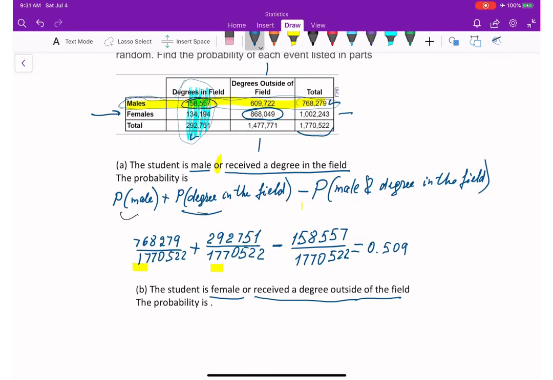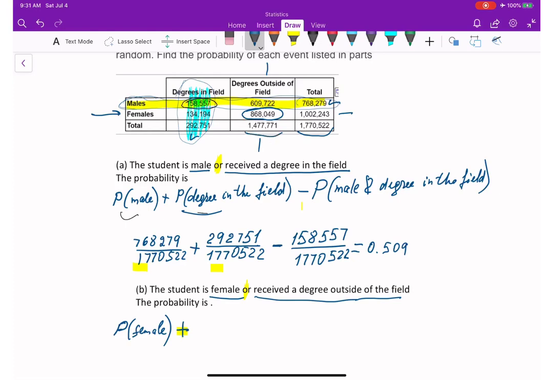total female. Hold on, let me write down probability of female, and we have here O, right? So we need to add practically female plus receive degree outside of field.